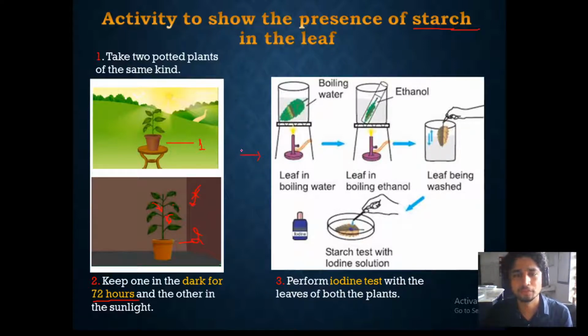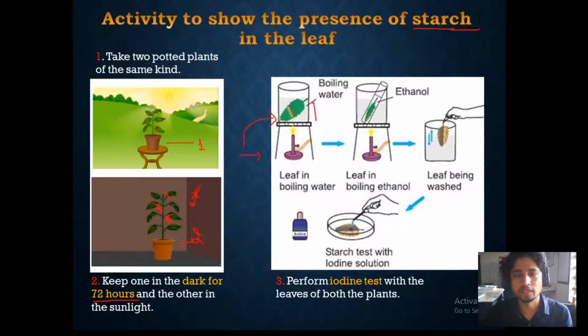We are plucking out the leaf. We are taking one leaf from here and one leaf from here, and we are putting them in boiling water. As we put them in the boiling water, this boiling water kills all the cells of the plant.